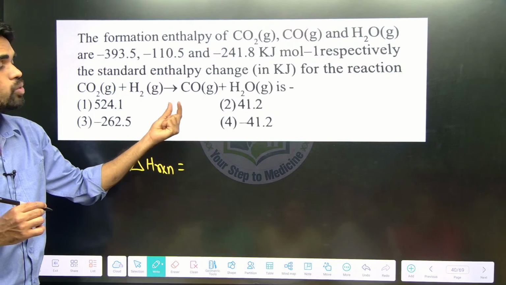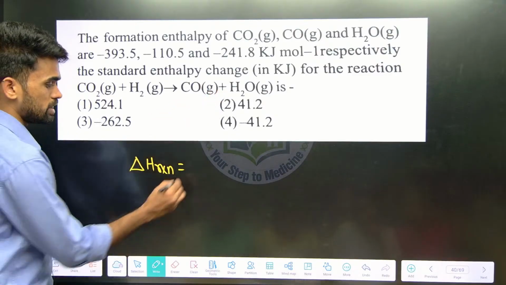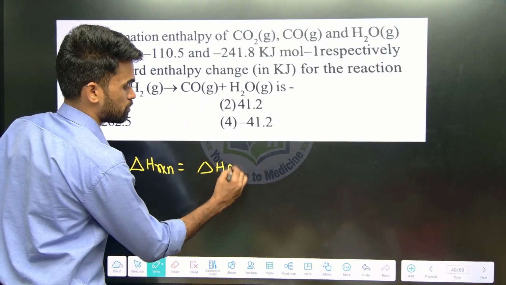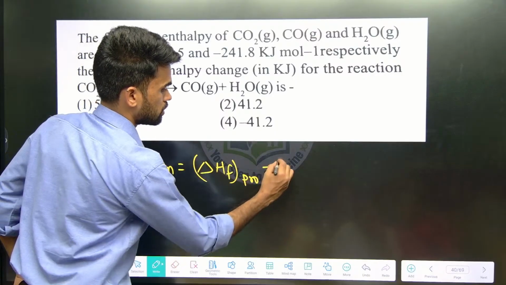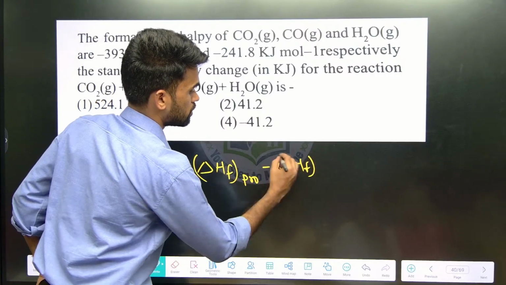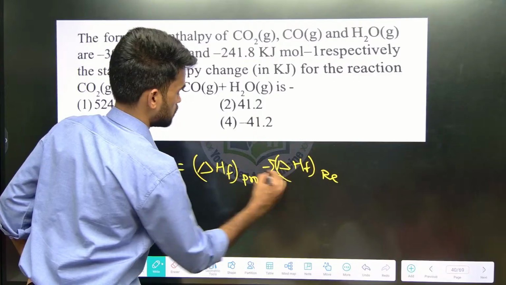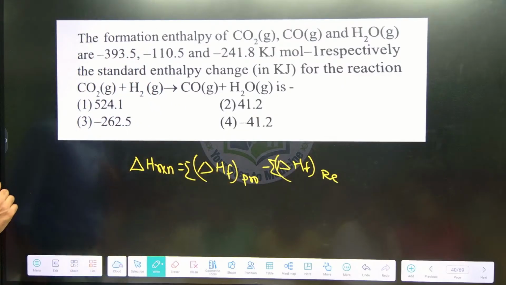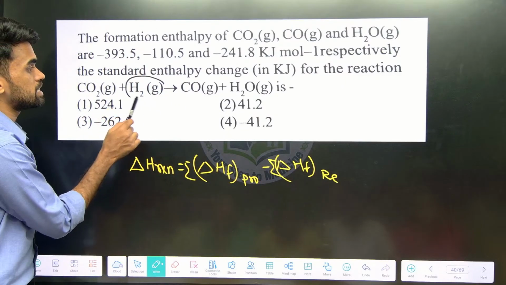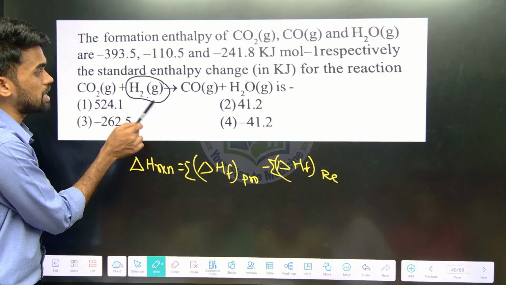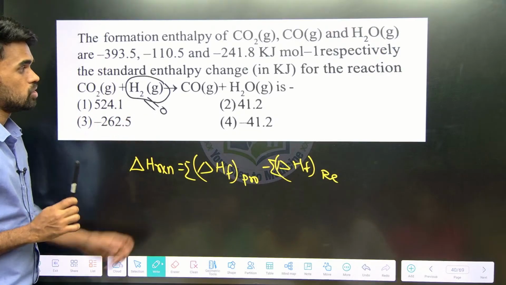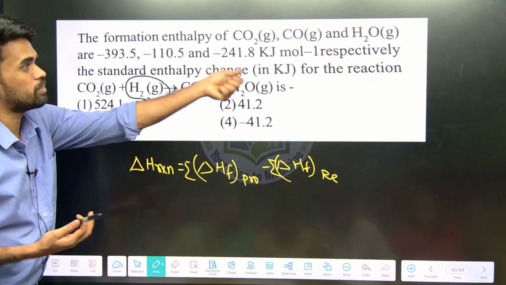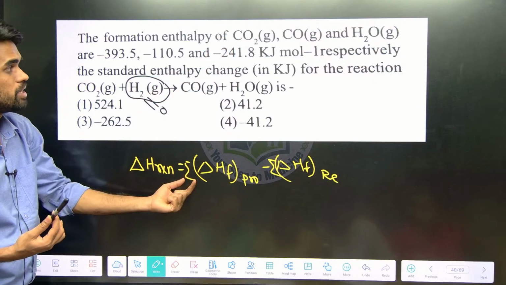So first, who is forming here? Products. So summation of enthalpy of formation of products minus summation of enthalpy of formation of reactants. Now H2 is in gaseous state, so its standard enthalpy of formation will be 0. So no need to worry, these values are mentioned, just substitute them here.